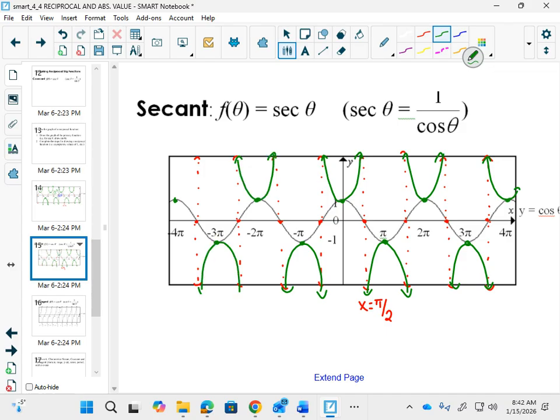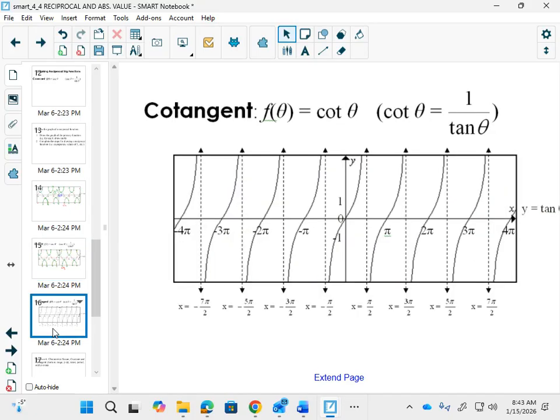And the graph of secant looks very similar to the graph of cosecant. And finally, we get to the graph of cotangent.